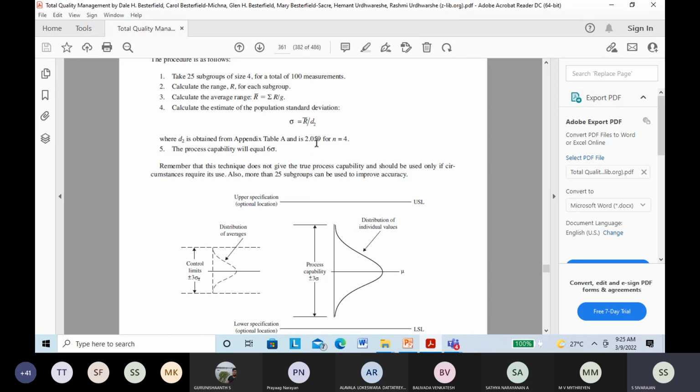I'll tell you during the exam. Otherwise, I will give this value for each subgroup size. So this is a constant. This average range divided by this constant will give sigma. This 6 sigma is called the process capability.